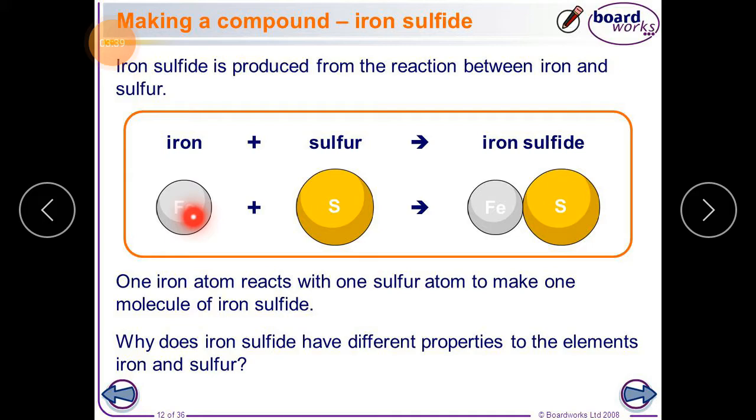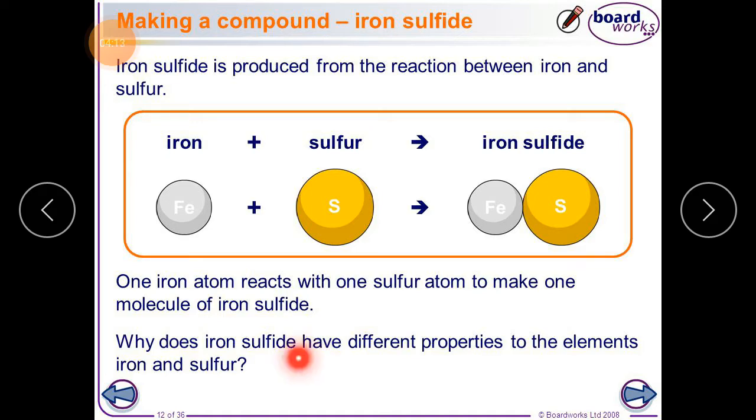The symbol of the iron is Fe and the symbol of the sulfur is S. When iron is added to the sulfur, we gain a new substance and the name of the new compound is iron sulphide. One iron atom reacts with one sulfur atom to make one molecule of iron sulphide.